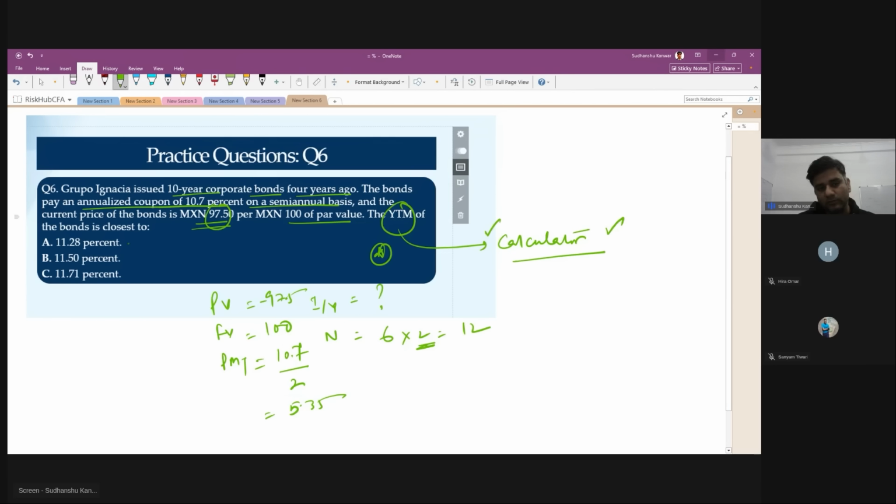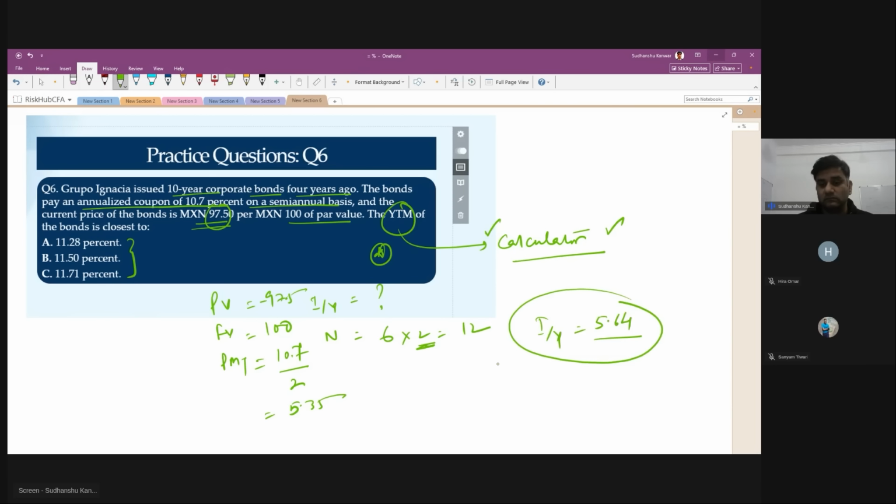Even though here the options are easy, sometimes people get very close options. So when you solve this, you will get I/Y equal to 5.64.